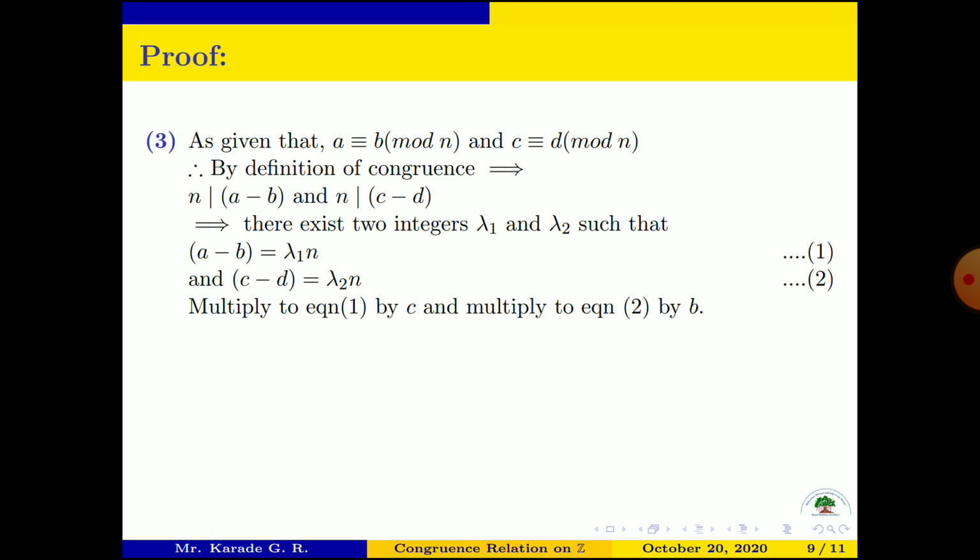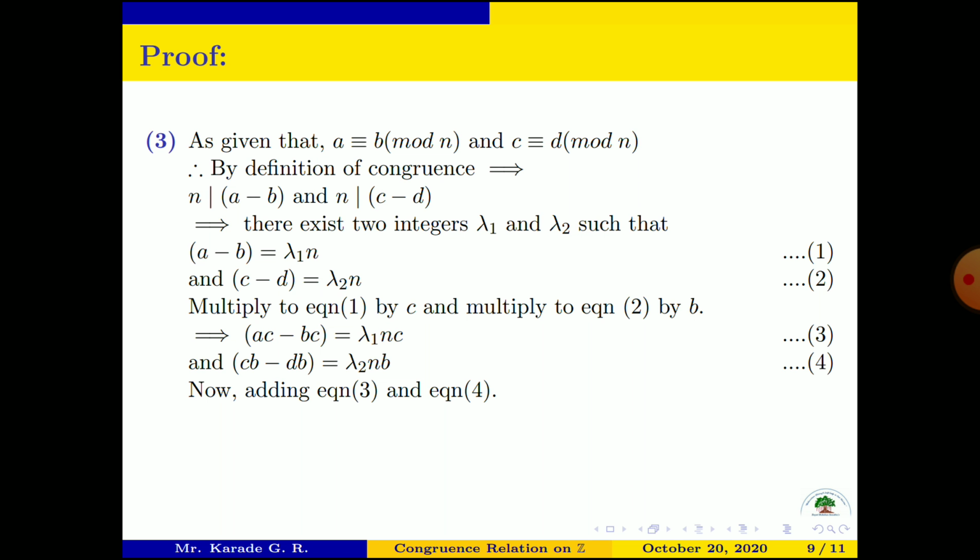Now multiply equation 1 by c and equation 2 by b. Then we have equation 3: ac minus bc is equal to lambda 1 times n times c, and the next equation, cb minus db, is equal to lambda 2 times n times b. This is our fourth equation.